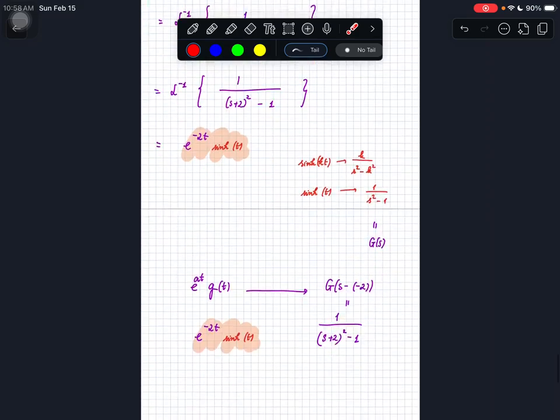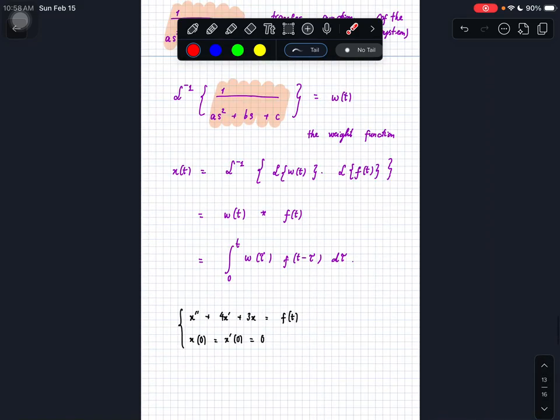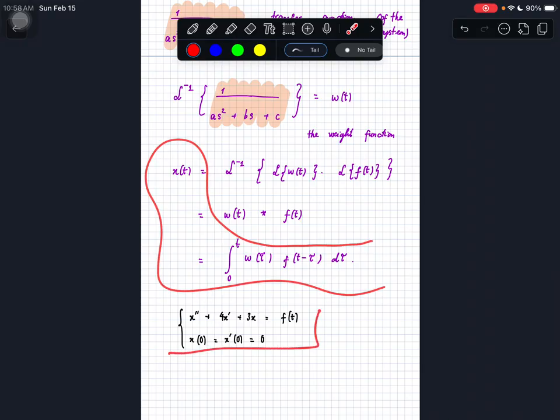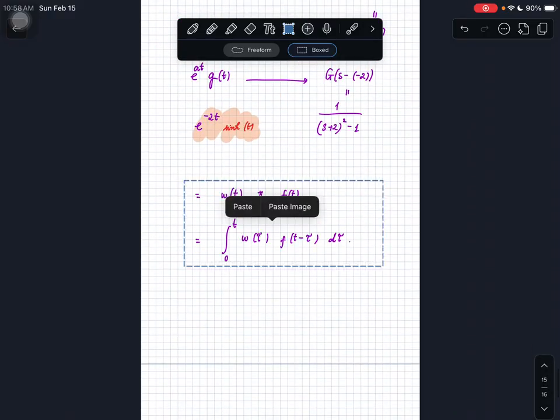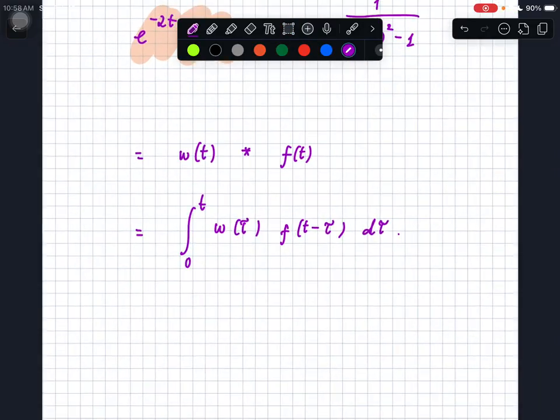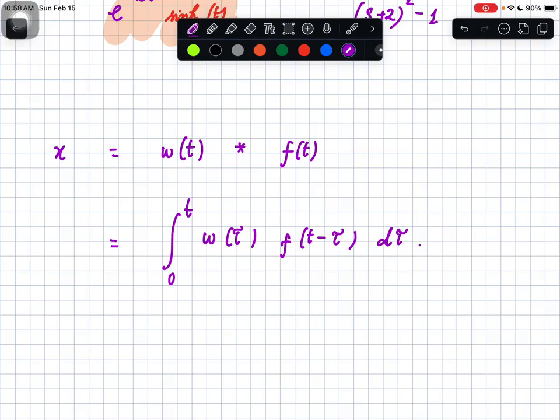Now the Duhamel principle says that's the solution of the initial value problem right here. x of t is the convolution of omega t with f t. The solution of the system is a convolution of omega t and f t.